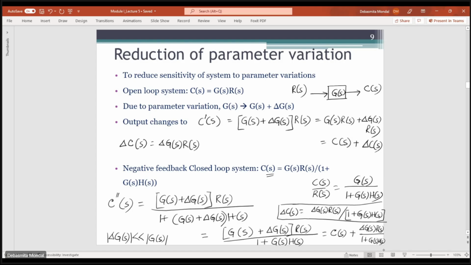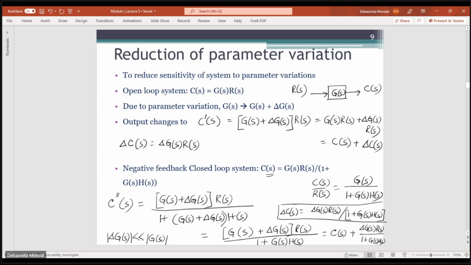But if you are using a negative feedback mechanism and making the system a closed loop system, then the variation in the output because of the change in GS, that is delta GS, has been reduced by a factor of 1 plus GS HS. So by using this feedback, the output variation due to system parameter changes is much less as compared to the open loop system.